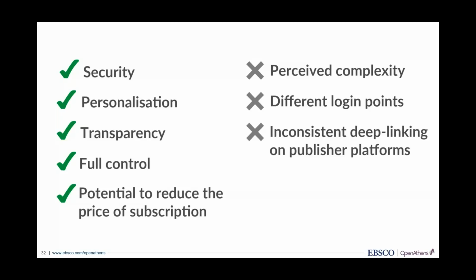What I mean by that is that every single publisher will use their own linking logic on their websites, unless they're based on Atypon. Atypon platform uses a consistent deep linking formula, but all others will have their very own ways of creating deep links. And again, unless you're using an EZproxy prefix or an OpenAthens prefix, if you are using Shibboleth, for example, you will have quite a bit of work to configure those links.